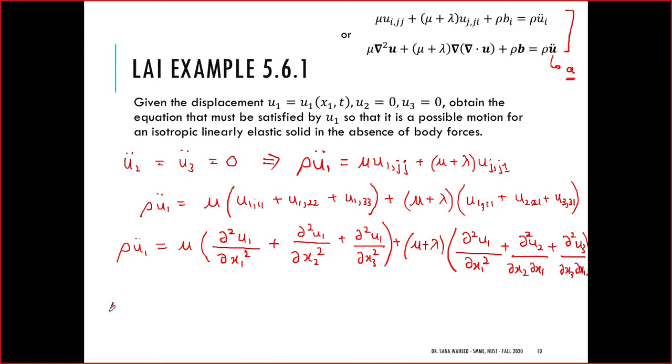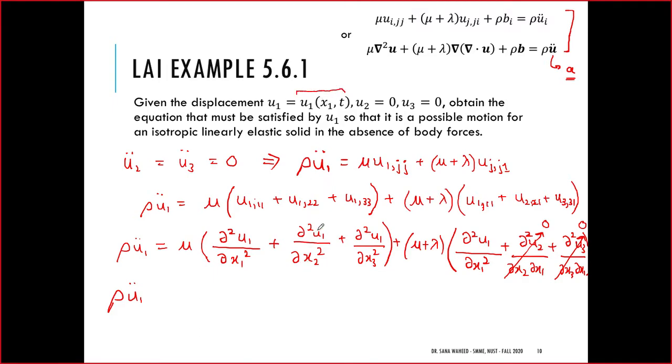Or अब of course we can simplify it very easily even further to notice कि we know कि u2 or u3 are 0, so clearly ये दोनों तो बिल्कुल ही they don't exist at all, so they are 0. Then next, let's also notice कि does u1 exist as a function of x2 or x3? No, it does not. It's just a function of x1.